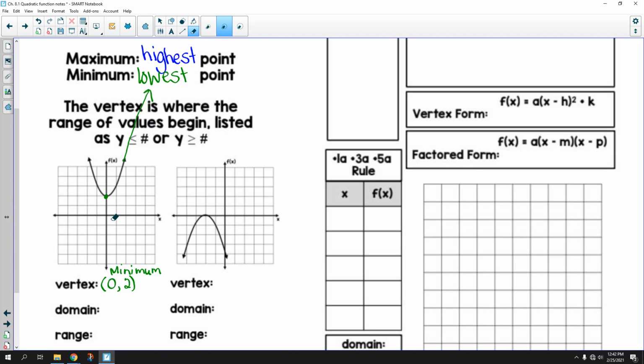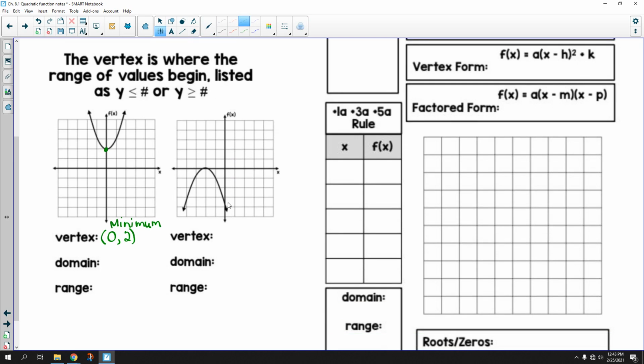If it's going on to the right and on to the left, then it's got to be all those numbers. So what's the domain for this parabola? We're going to say all real numbers. Yeah, infinity. We would write it as all real numbers.